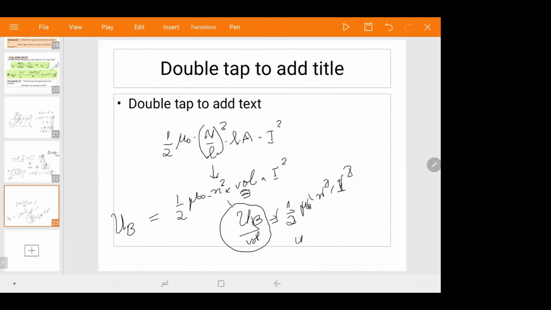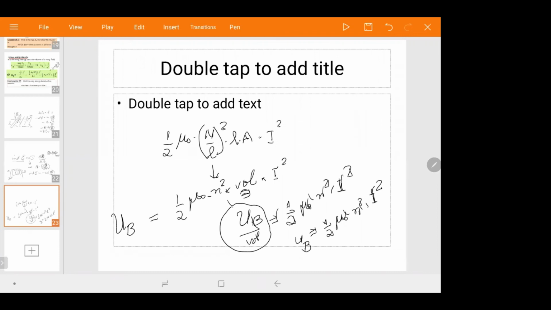So u_B equals a half mu0 n squared times I squared. All right? We can do another rearranging here because mu0 turn density times current is magnetic flux.